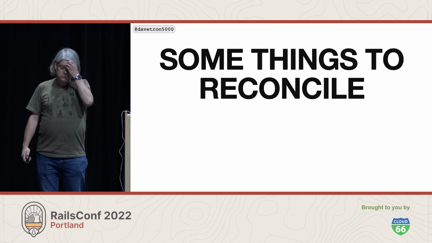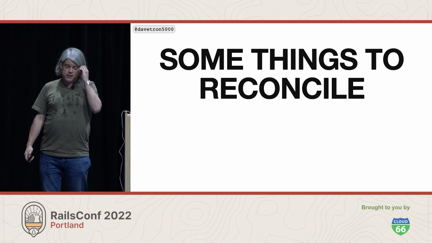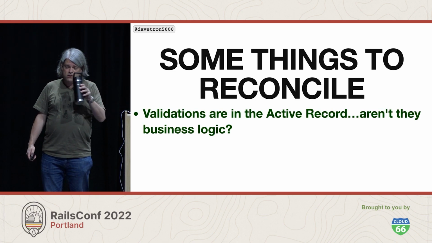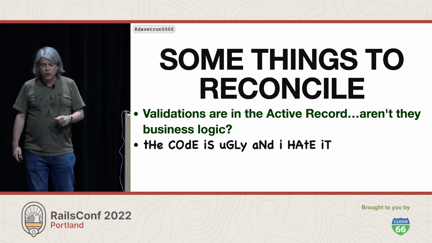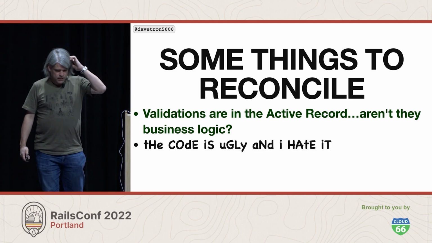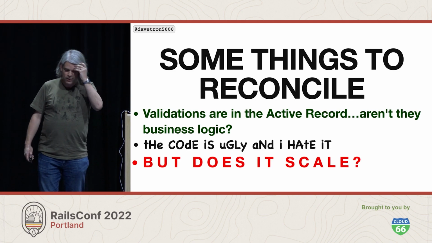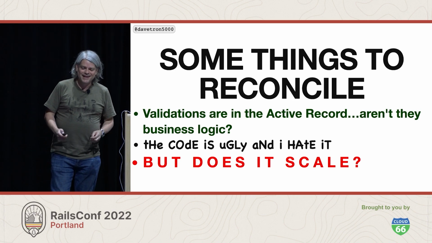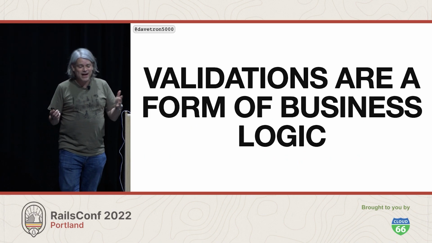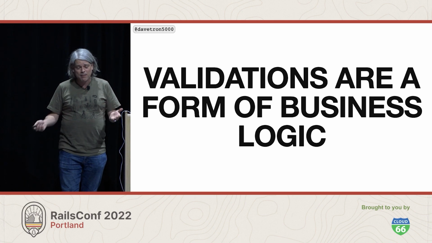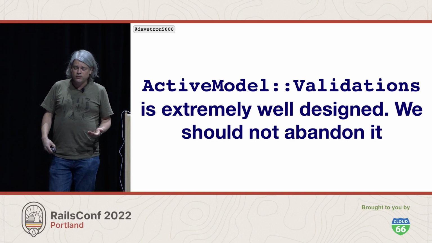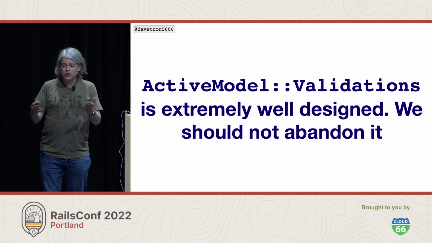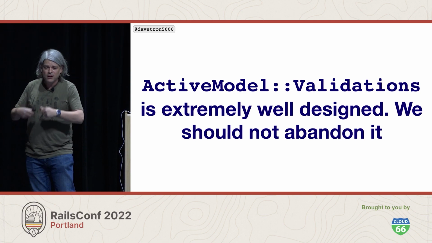All right, so now there are a few things that we've got to reconcile. Those validations, aren't they business logic? The code is ugly, and I hate it. And does it scale? So first things first. Yes, validations are a form of business logic. There's no way around it. And Active Model validations is a wonderful thing. I want to use it. It works great. It's had years of stability.